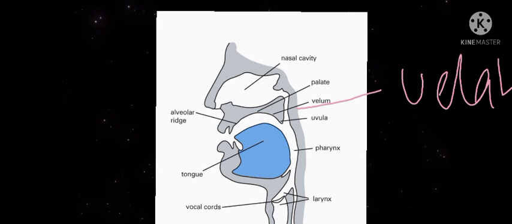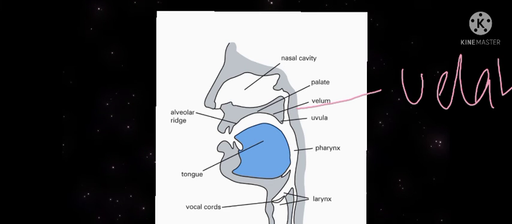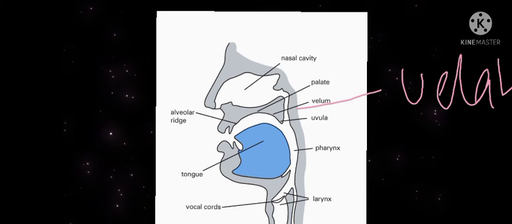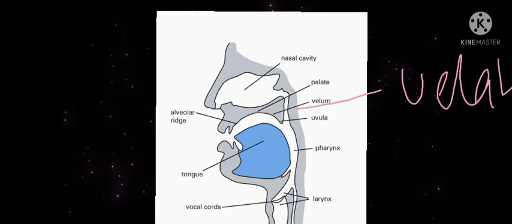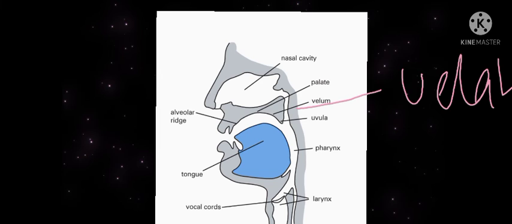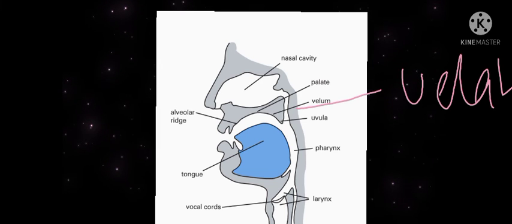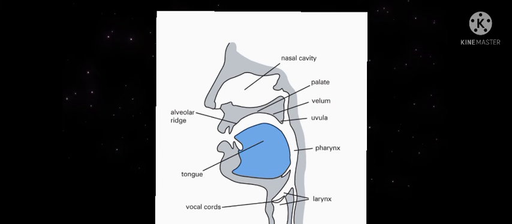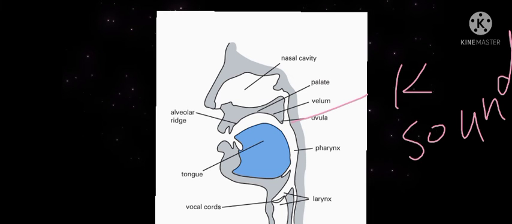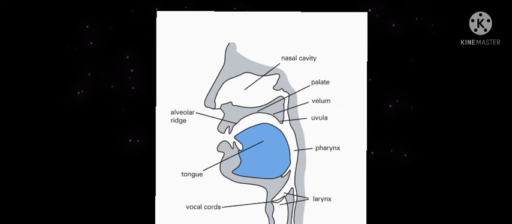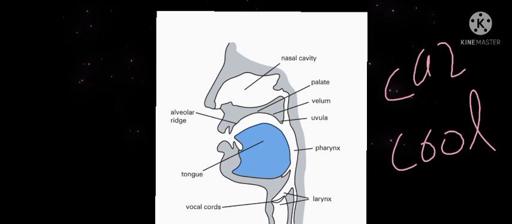Velars. Even farther back in the roof of the mouth, behind the hard palate, you will find a soft area which is called the soft palate, or the velum. Sounds produced with the back of the tongue against the velum are called velars. There is a voiceless velar represented by the symbol k, which occurs not only in kid and kill, but also in the initial sound in car and could.